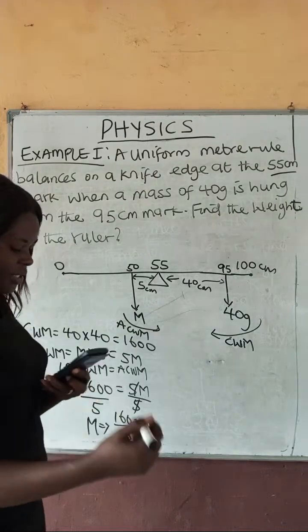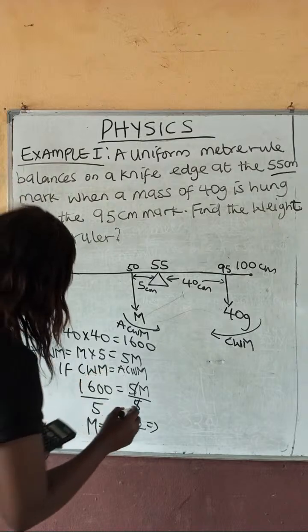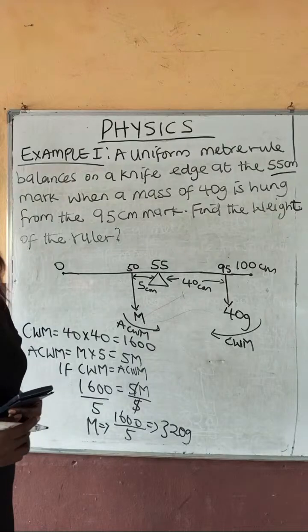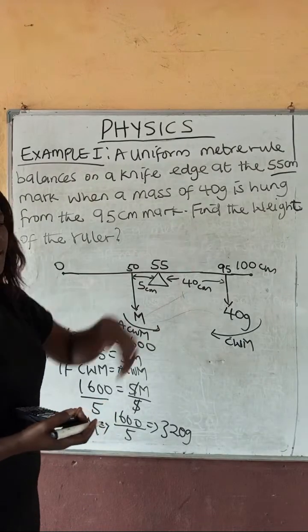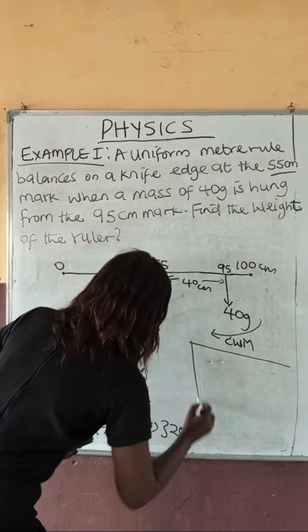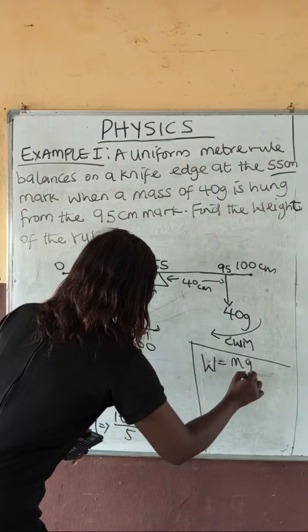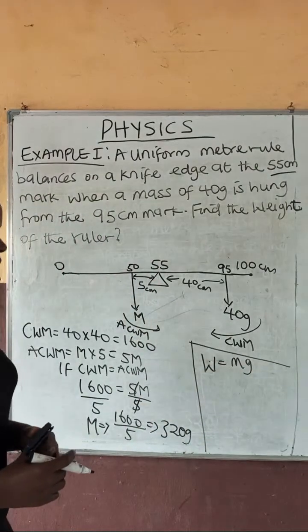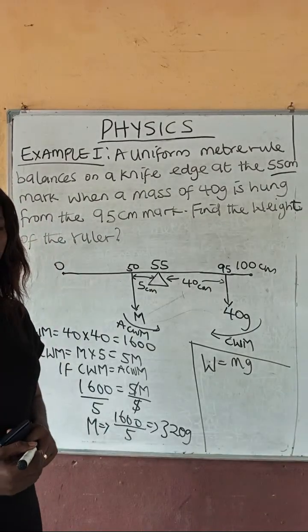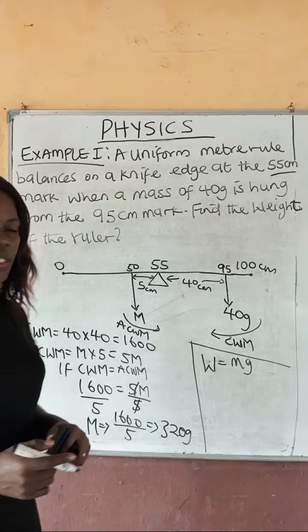This is our calculator. I have 32 grams. But we are asked to find the weight and not the mass. So we go by saying that weight is equal to Mg, right? But my mass is in gram. I'll convert it to kilogram by dividing by 1,000, okay? And my G is constant.